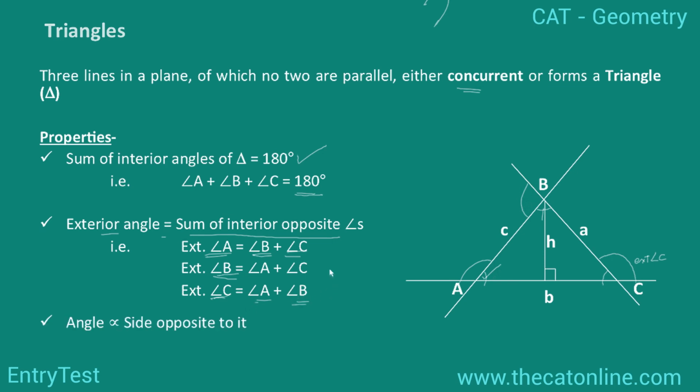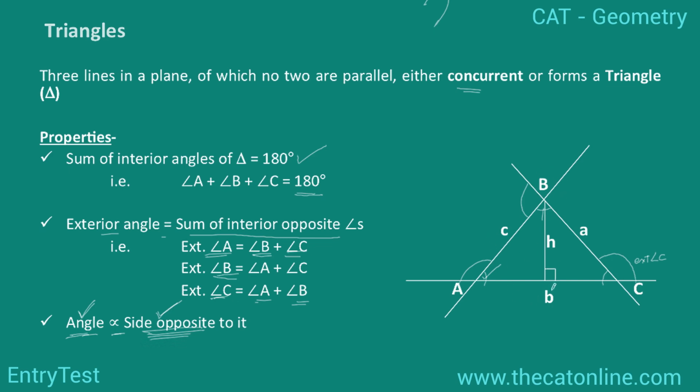The third thing being the angle of a triangle is directly proportional to the side opposite to it. So the greater the angle, the larger will be the side opposite to it. The smaller the angle, the smaller will be the side opposite to it. So as the angle increases, the side opposite to it also increases.